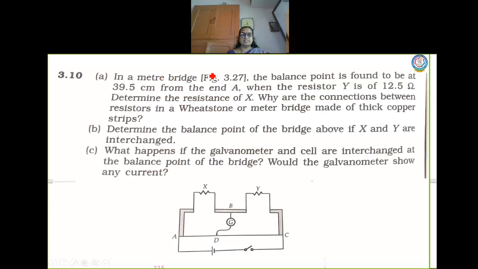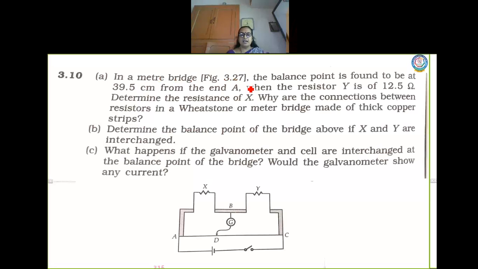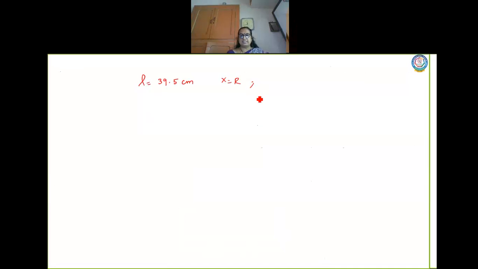So the value of L is given as 39.5 centimeter. As far as this diagram is concerned, X is equal to R, children. And Y is given as S. So S is equal to Y, and this value of Y is given as 12.5 ohm. So what is the formula? The formula is S is equal to 100 minus L by L into R. So substitute.